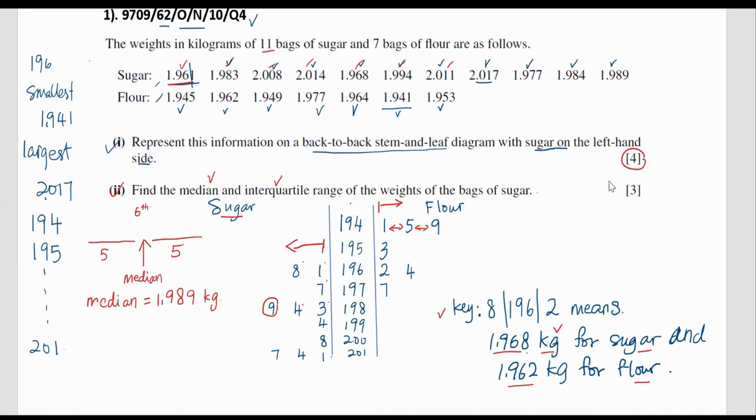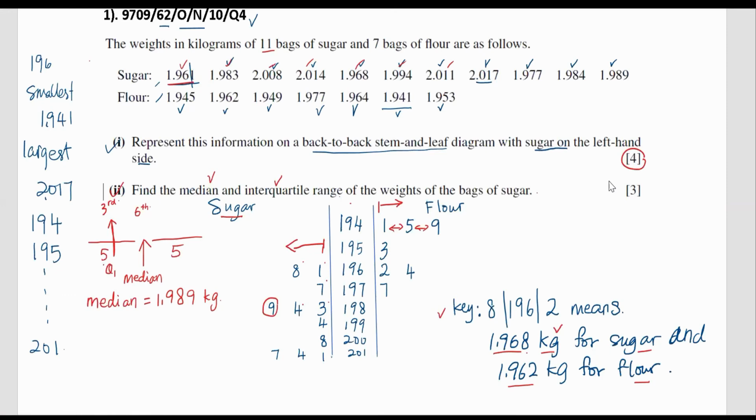Then, in order to determine the interquartile range, we look at the lower half of the data, which has 5 data. We look at the middle of the lower half data. Since 5 is also an odd number, exactly in the middle will be the third data. So the third data will give us the lower quartile.